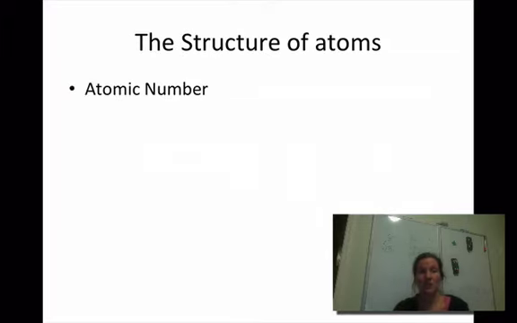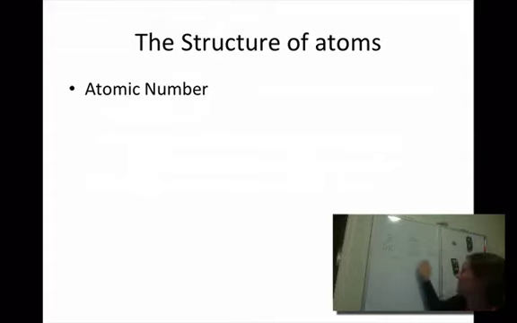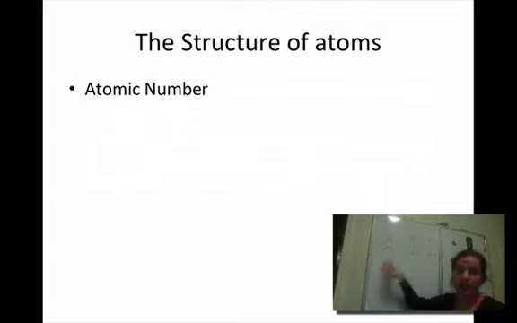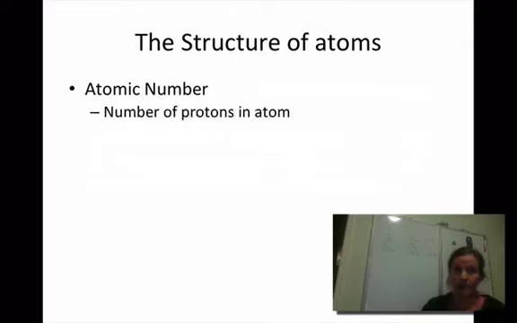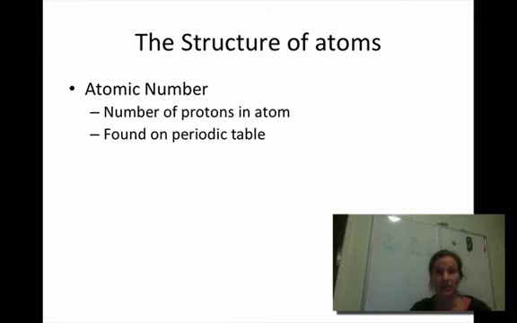Structure of the atom. If you look at your periodic table, it gives you all your information about the atom. I have 3 examples behind me on the board of information that would be on a periodic table, and you received a periodic table from me already. Your atomic number, which is always the whole number, no decimal point, in any box on the periodic table, will always tell you your number of protons.